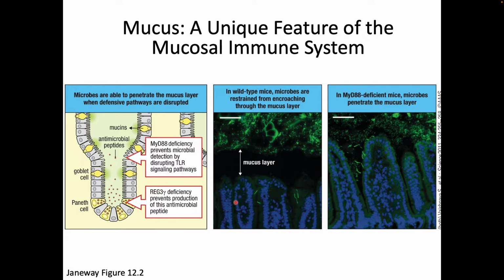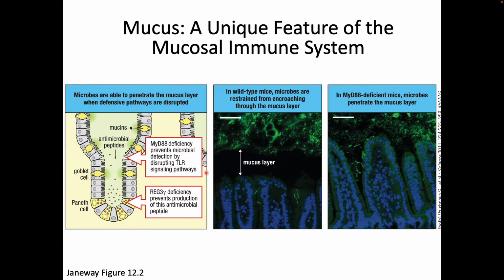The blue staining shows you the cells of the intestine, and the green staining shows you the microbes. And what you can see is there's a big gap where the microbes can't touch the cells of the intestine. And that gap, this empty looking place, this black part, is where all the mucus is, keeping these two apart.